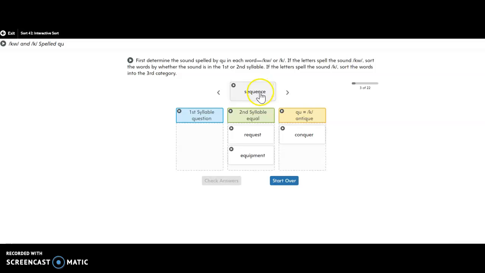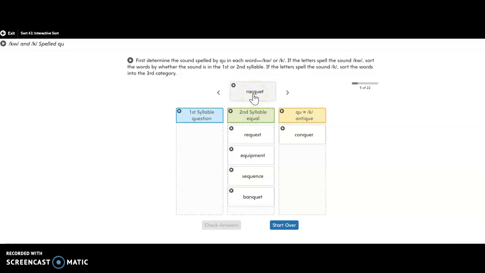Sequence. Again, the QU's not in the first syllable, and I do hear that QU. Next is banquet. Banquet. So again, in the second syllable, quet. I hear the QU.